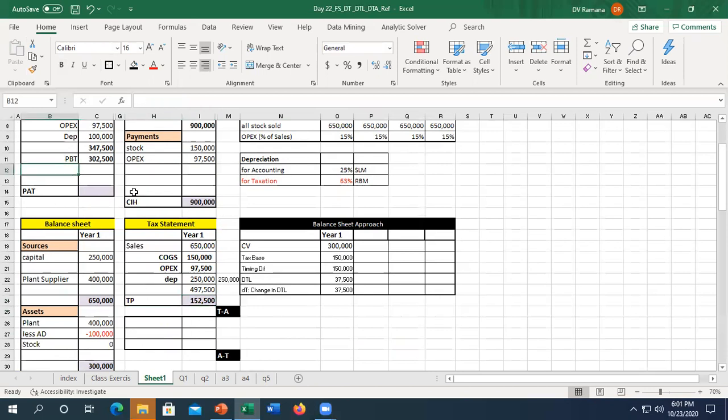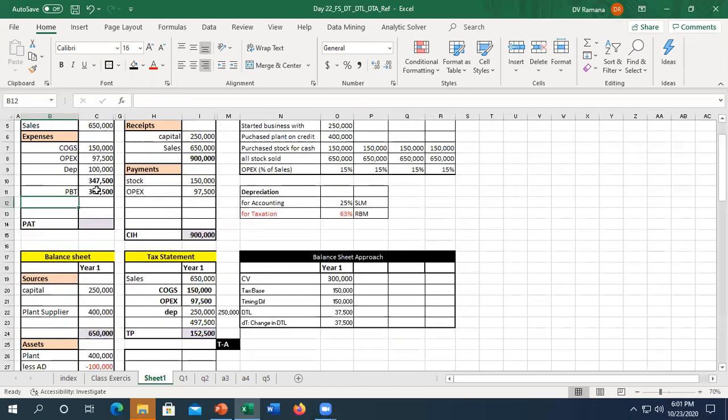The accounting standard says if the PBT is not the same as the taxable profit, you have to calculate CT and DT. So we will have current tax and deferred tax. So what is current tax? The current tax is tax on taxable income. Let us assume the tax rate to be 25%.